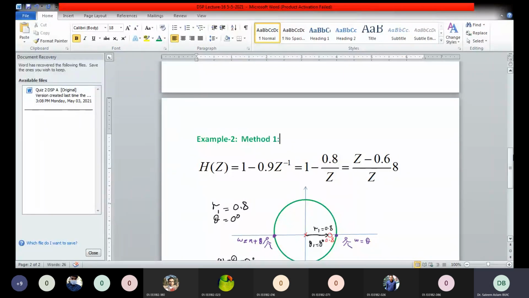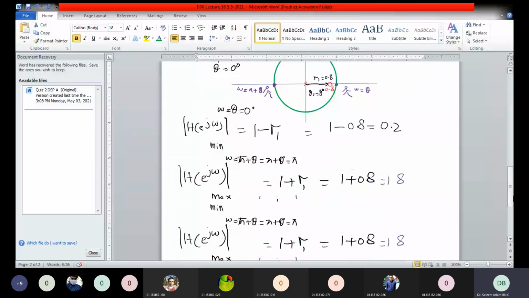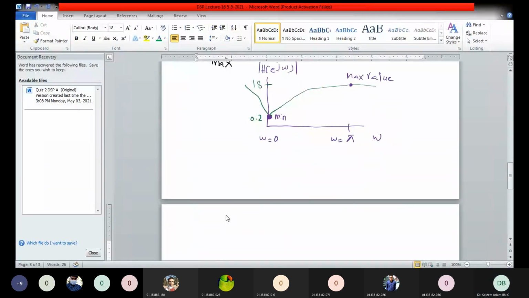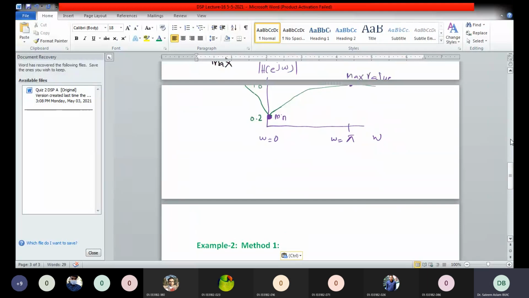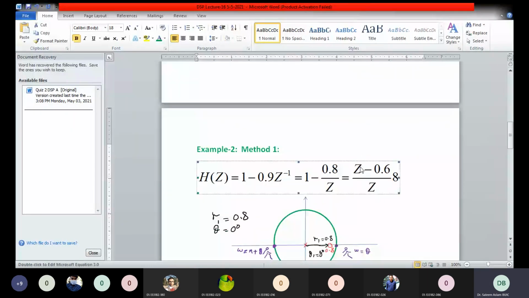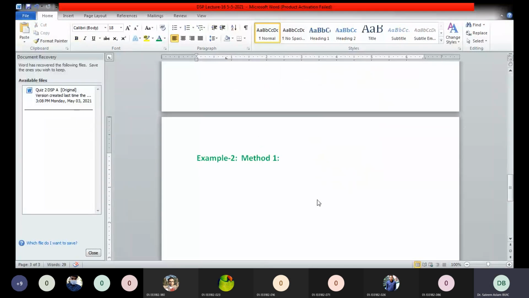अब हम method 2 देखते हैं, that is more easy compared to get the minimum and maximum value. How? Let's see in example 2b. We have the same system, so we'll take the same system and try to solve it in a second way. Method 2, right?